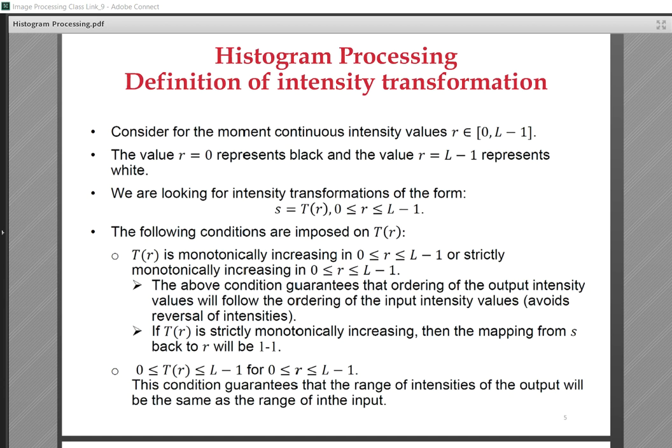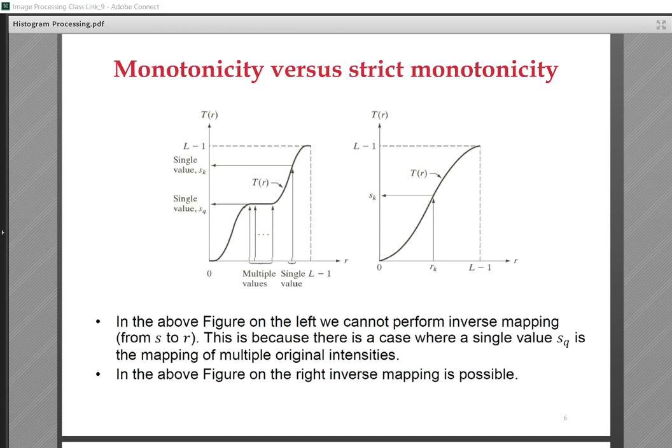Another condition: S or T(R) is in the full range for R in the full range. That means R is from 0 to, for example, 255, then S or T(R) is extended from 0 to 255. A full range maps to a full range.